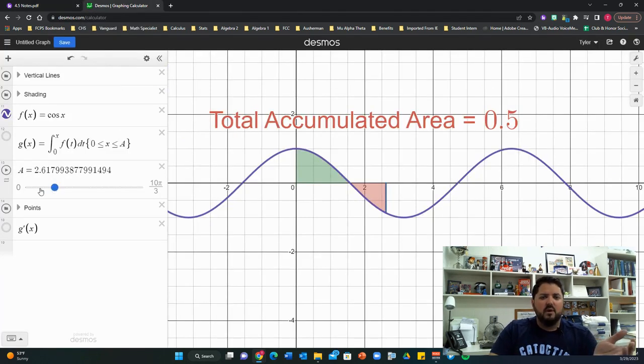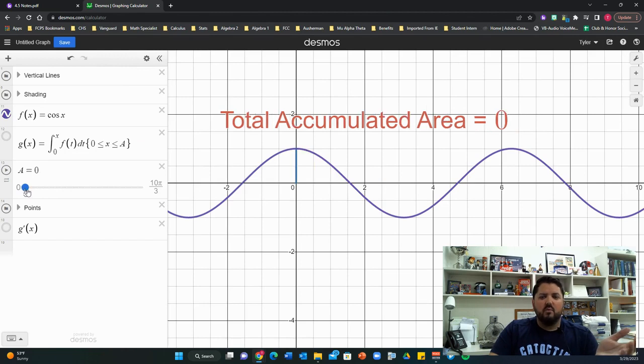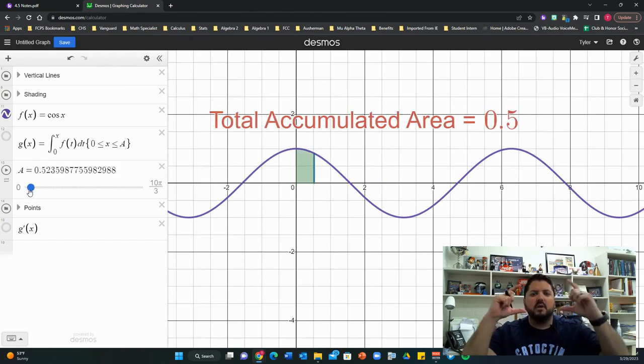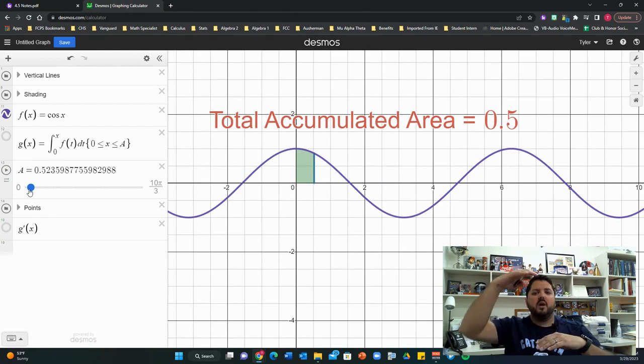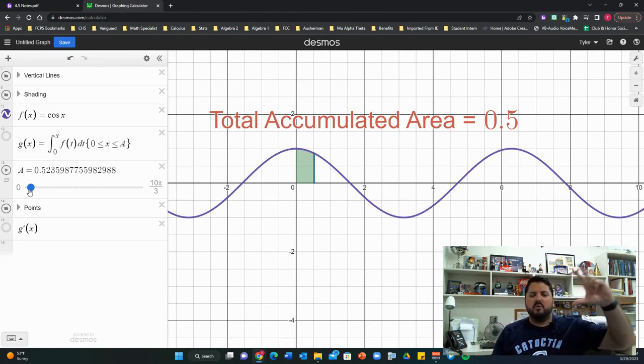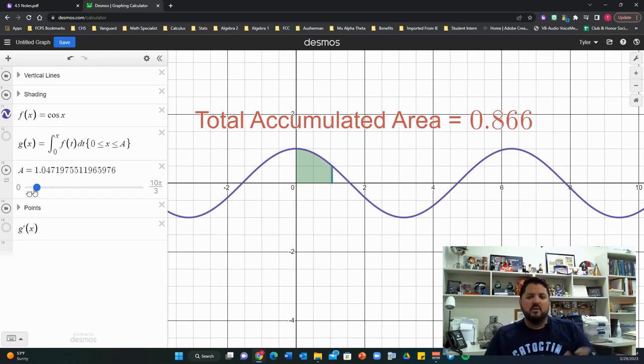For example, if I go back to 0, right away, I'm adding in pretty big chunks because the curve is pretty high relative to other parts of this graph. So when I'm near those high points on this graph, you're going to be adding in a lot of area. So in this case, I'm increasing, but I'm doing it pretty quickly. When I get out here towards the low points, this last little chunk that I add in goes from 0.86 to just 1.